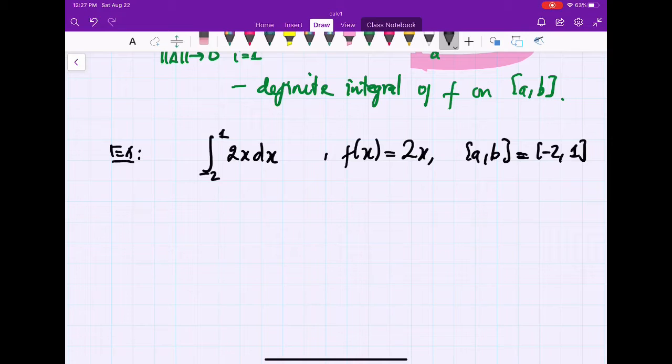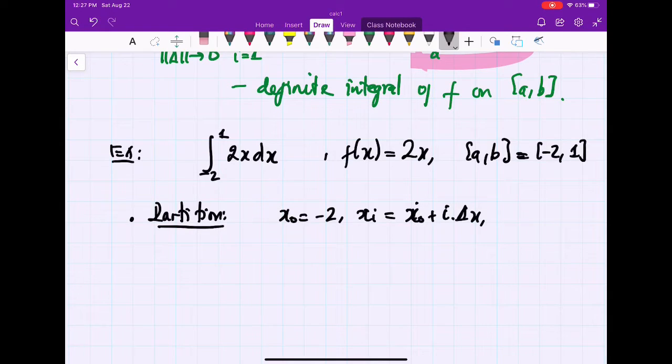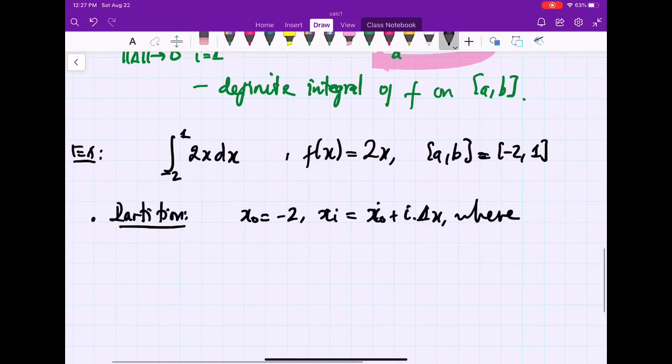So if you write the Riemann sum, you need to make some partition, and in that partition, you have x0 equal to negative 2, xi equal to x0 plus i times delta x, where delta x is (b minus a) over n.